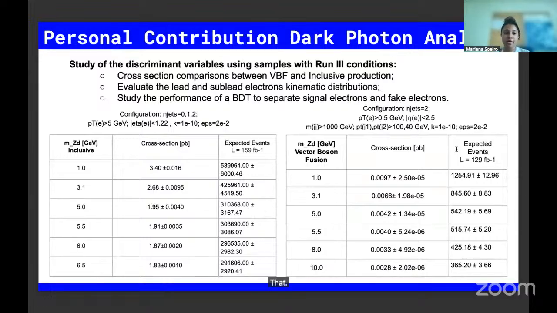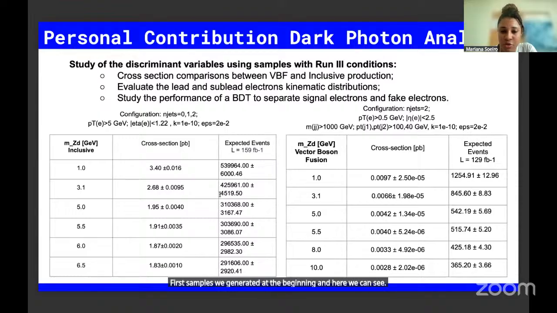Those are the first samples we generated at the beginning, and here we can see a statistical difference, as I said at the beginning. VBF has more clear signatures and the opportunity to identify electrons at lower PT, and that's the idea of this analysis, and what I'm focused on at the moment.